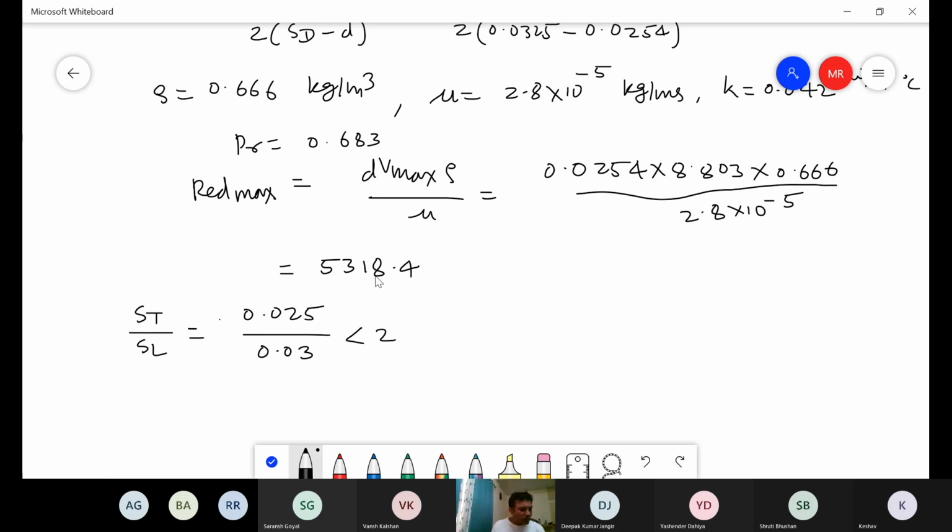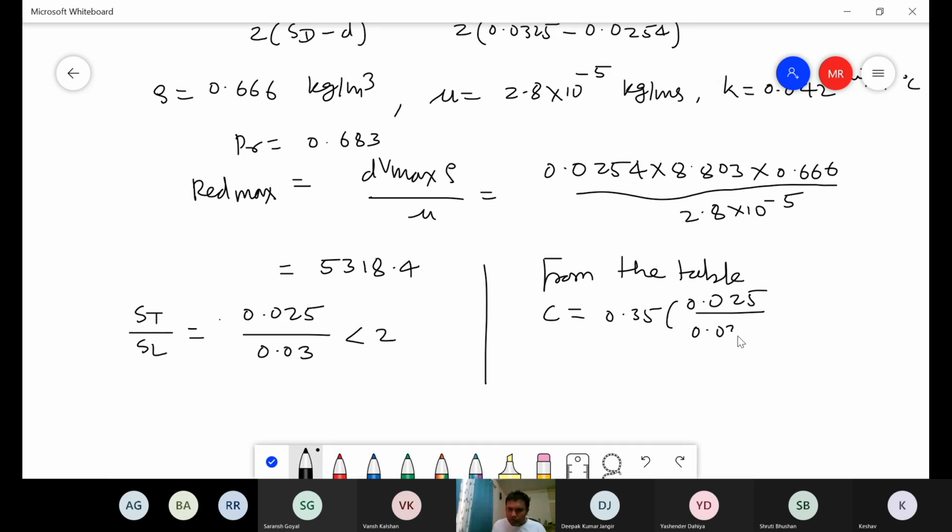And corresponding to this Reynolds number, from the table, find out C. C is given as 0.35 into (0.025 by 0.03) raised to the power 0.2.